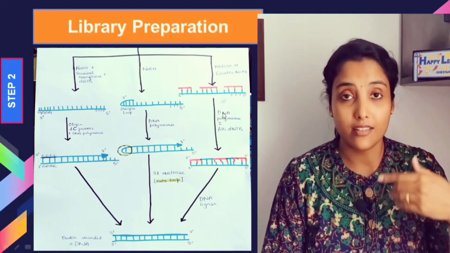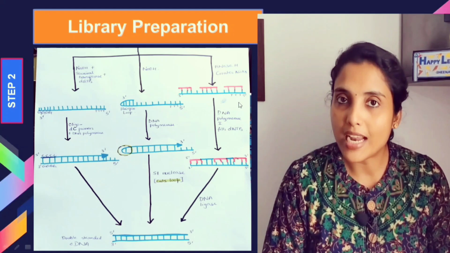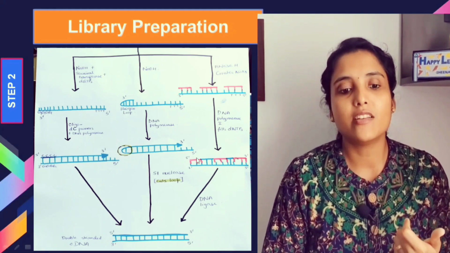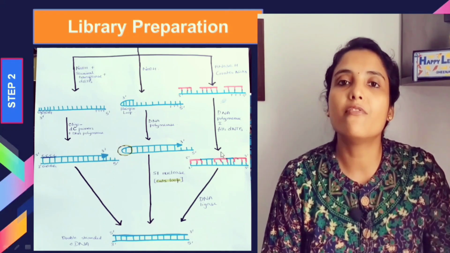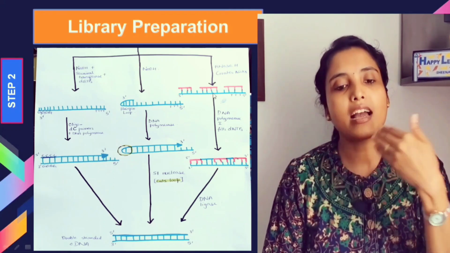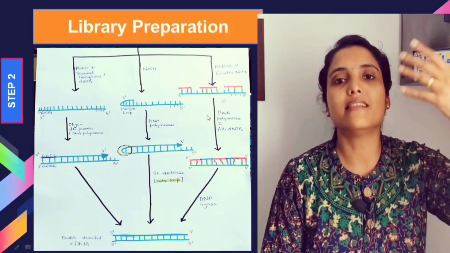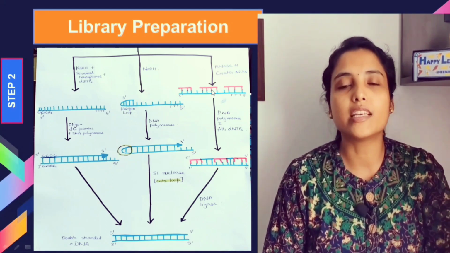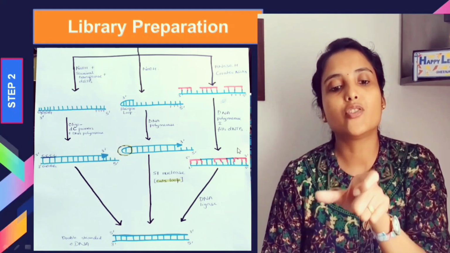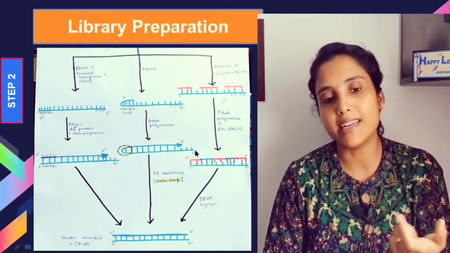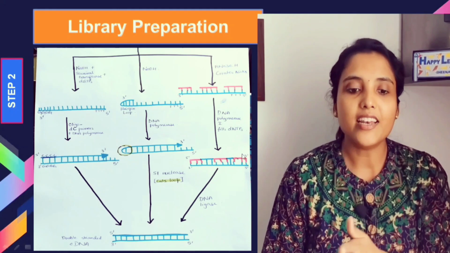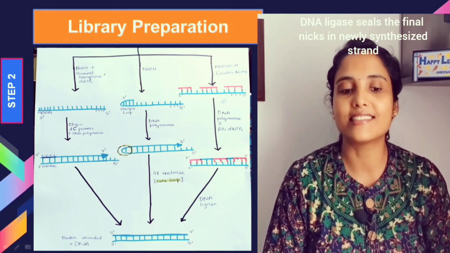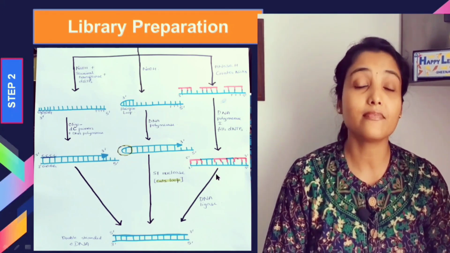During that process itself, DNA polymerase 1, with the help of dNTPs, goes and fills up wherever the gap is. This happens simultaneously: RNase H cuts and forms nicks, and simultaneously dNTPs are filled in by DNA polymerase 1. Finally, what you will have is a complete double-stranded cDNA. The second strand is synthesized like that.